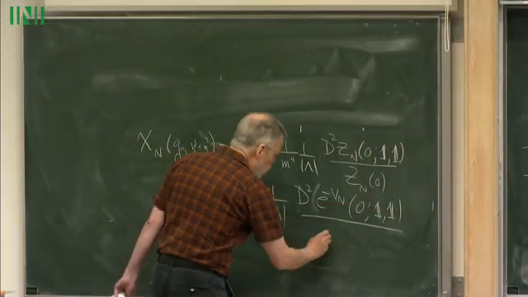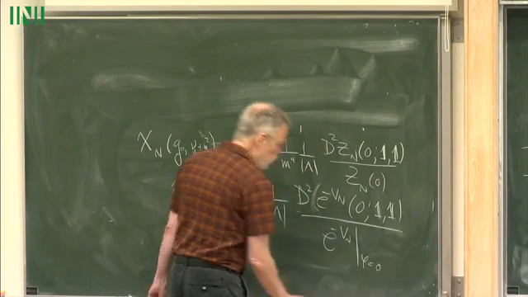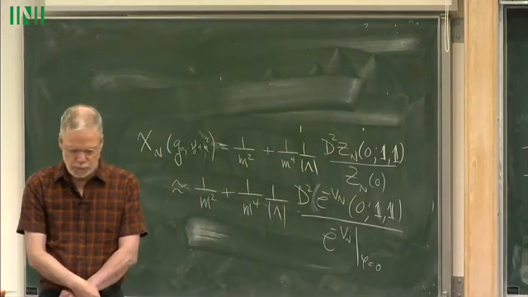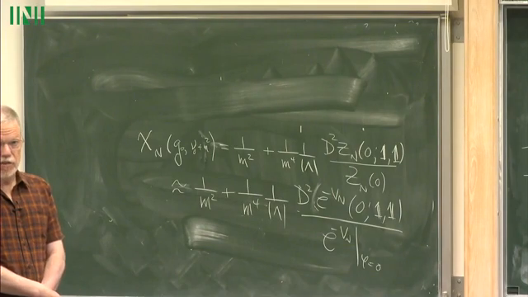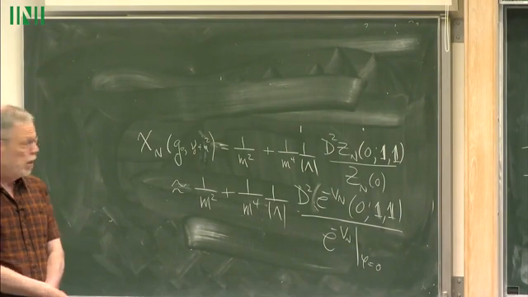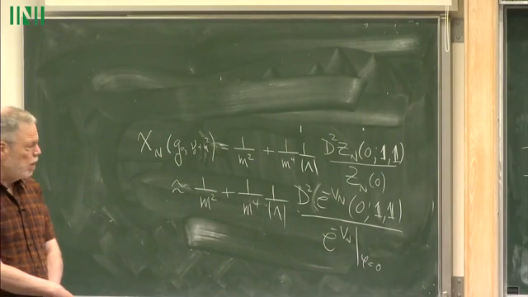And Z_n of 0 would just be e to the minus V_n evaluated at phi equals 0, which is 1. So it's easy to take the second derivative of e to the minus V_n in the direction of a constant field, and put the field equal to 0.